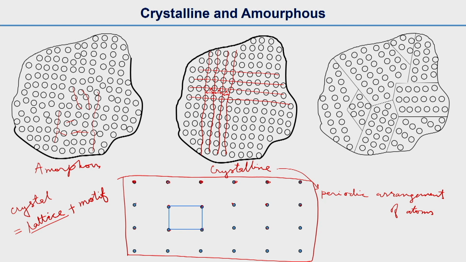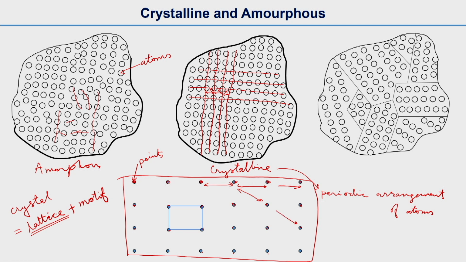The lattice is these points. What I showed you earlier were atoms, but here what we are showing are mathematical points. The array of mathematical points is called the lattice, and as you can see, these lattice points are arranged at equal intervals, whether you look at it this way or that way.